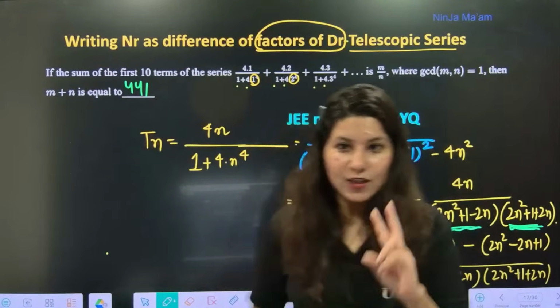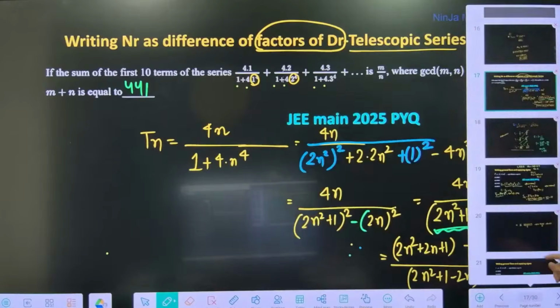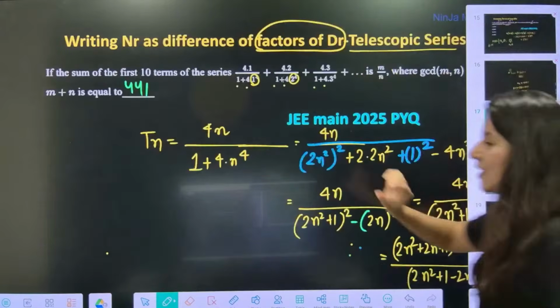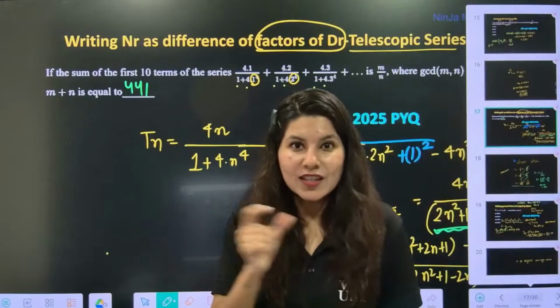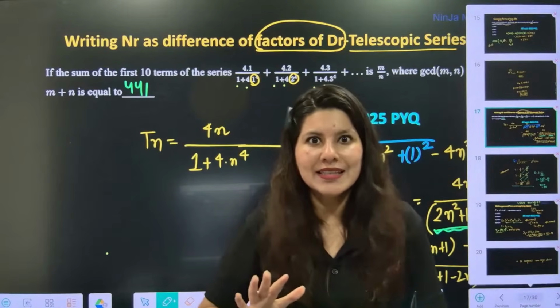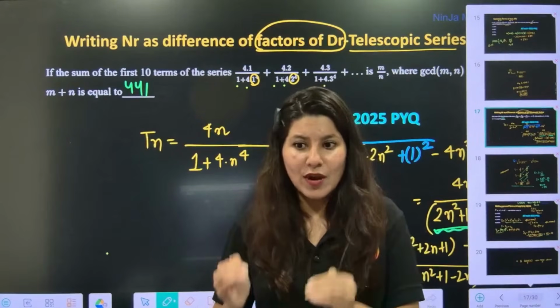You understood what kind of categories I am talking about? First is directly writing the general term. Second is creating a difference in the denominator, creating factors in the denominator. Sometimes it is automatically created for you. If not, then you have to factorize.